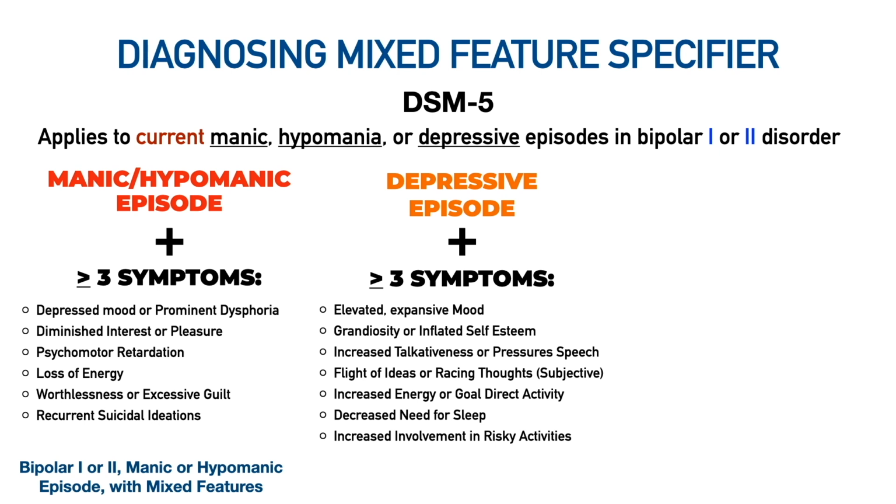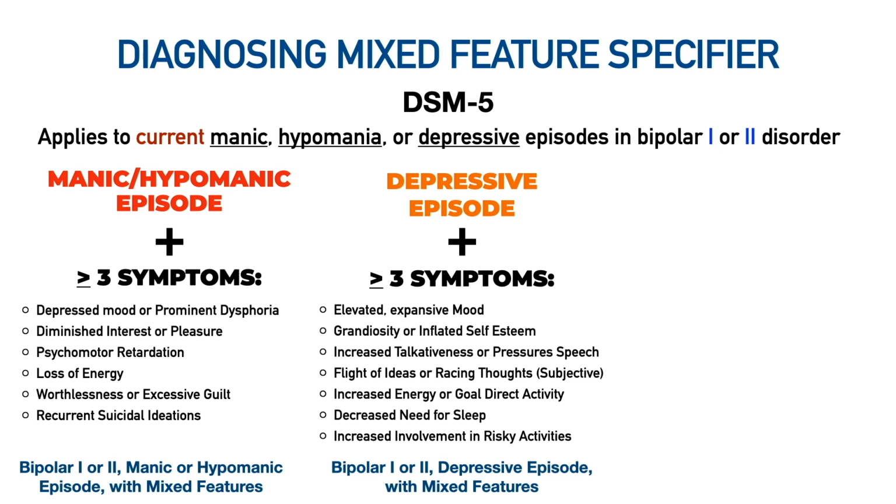So it should be 3 or more of these 7 symptoms with a depressive episode. Then you will give the patient a diagnosis of bipolar 1 or 2 depressive episode with mixed features.